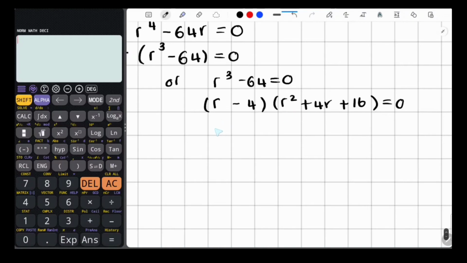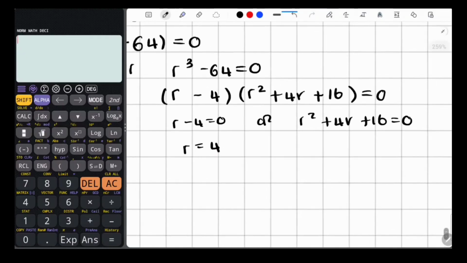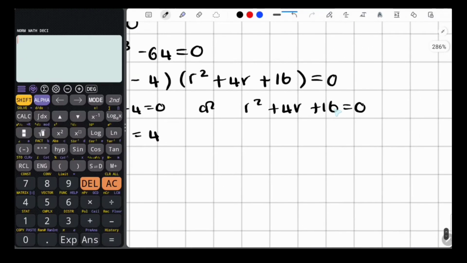So in this case, we're either saying that r minus 4 is equal to 0, or this r squared plus 4r plus 16 is equal to 0. So here r is either equal to 4 or this. Now in this, as you can see, this cannot be factorized because it's all positive first of all, and this is 16.